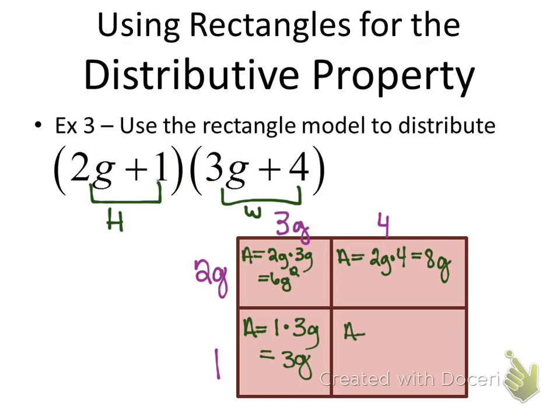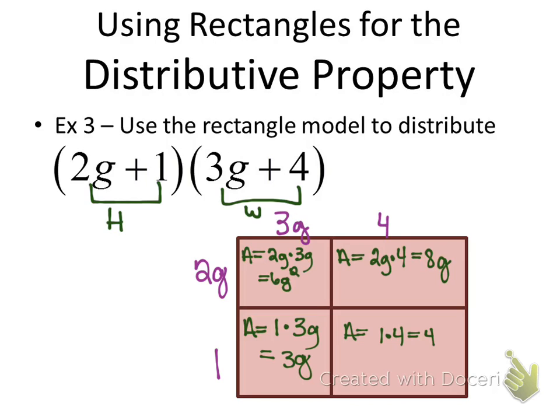Okay. And then the area of the last section of the rectangle, Dylan, go ahead. Equals 4. So now we need to write our final answer.